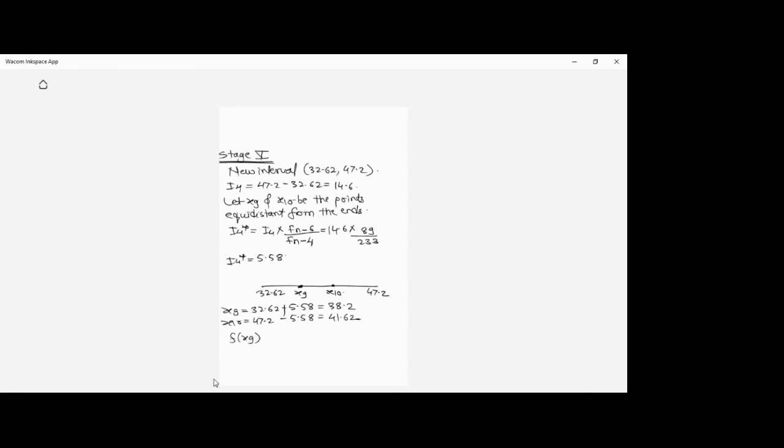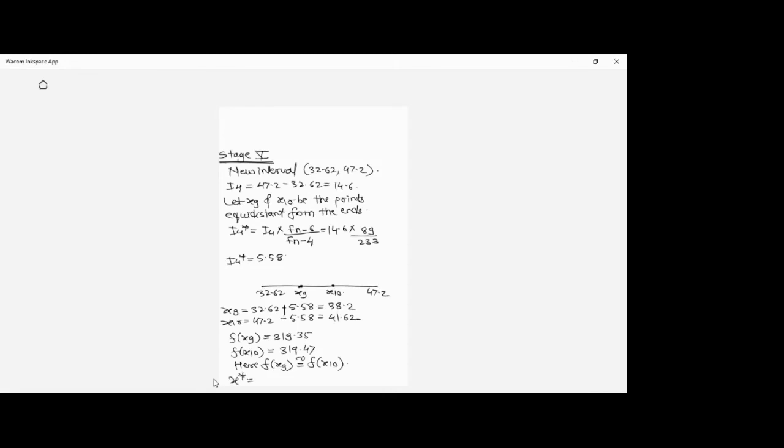F of x9 is equal to 319.35, and f of x10 comes out to be 319.47. So here we can say f of x9 is approximately equal to f of x10. So we can find out the x star value.